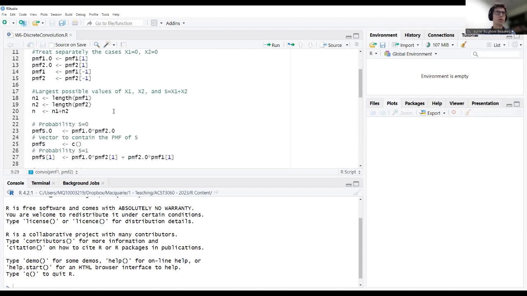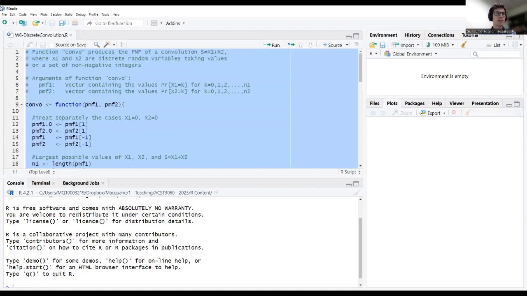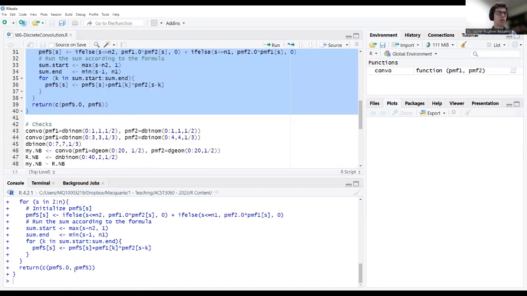I'm going to cover this code, of course, but in the end we're just going to return the PMF of S. To make it a bit more concrete, let's try it. Assuming I haven't made any mistakes, I declare this function. Now I can use it. Let's say I put PMF1 to be the simplest thing I can have, the PMF of a Bernoulli with probability of success 50%.